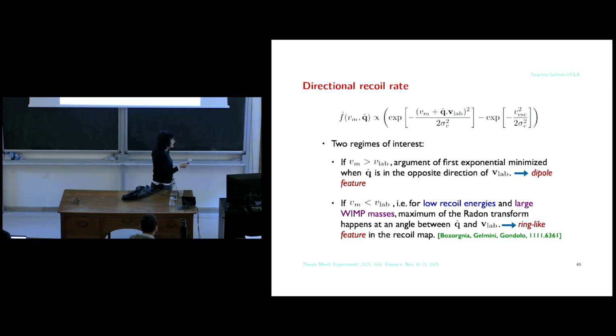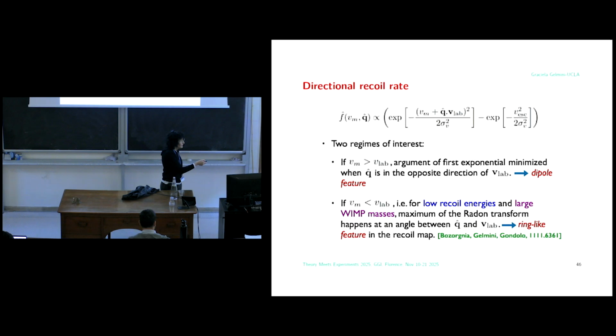So there are two regimes of interest. When V min is larger than V lab, the argument of the first exponential is minimized when Q is in the opposite direction to V lab. That means this is a dipole feature, and this is the dipole feature that you expect.